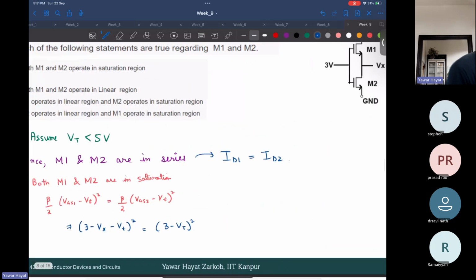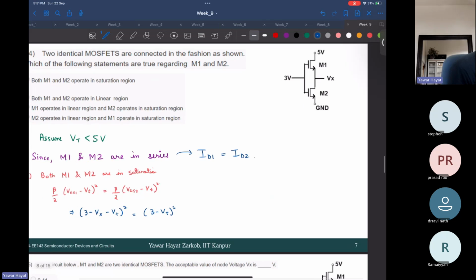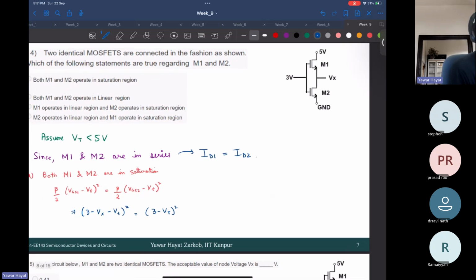Because for M1, the VGS is 3 minus Vx, and for M2, the VGS is 3 volts. Straightforward, right? For this one, it's this voltage minus this voltage, which is 3 minus Vx, and for M2, this is 3 minus 0, that is 3. That's why I wrote this.